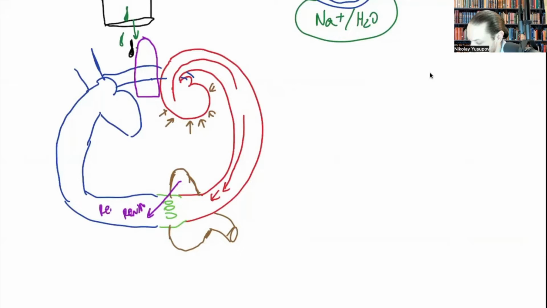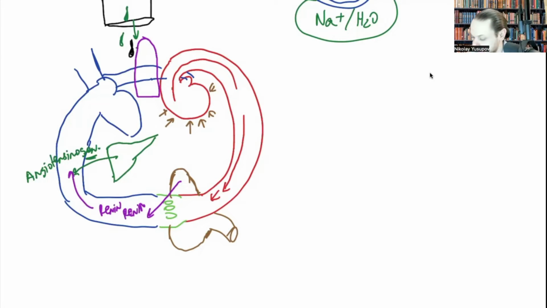So as the renin is coming in here, unlike renin, which is secreted in a state of low blood pressure or low flow to the kidneys, angiotensinogen is always in your blood. It's always there. Why? Because we said this is an active protein. And what's going to happen? Renin is going to come with this angiotensinogen.